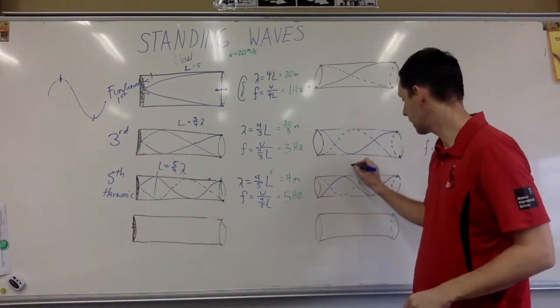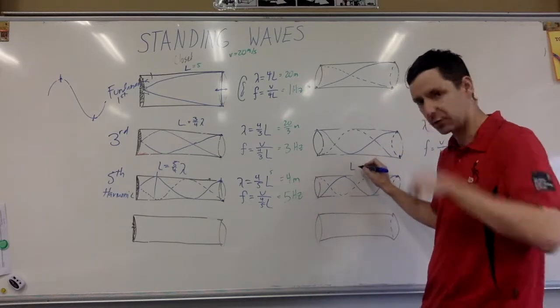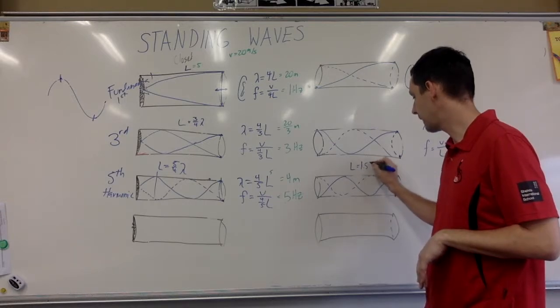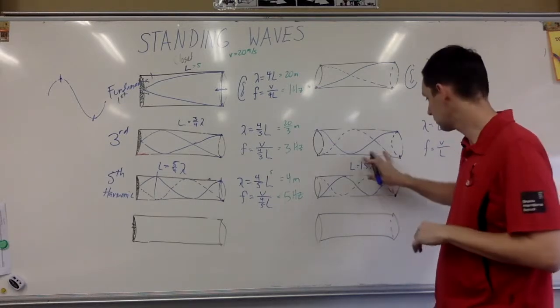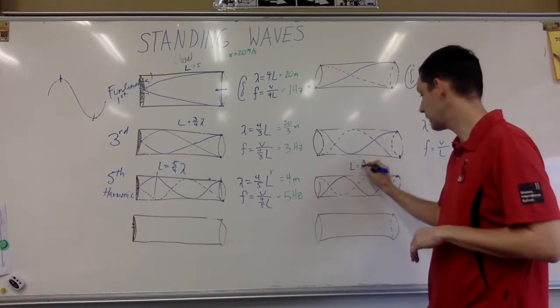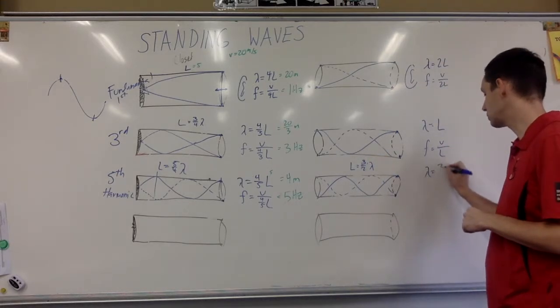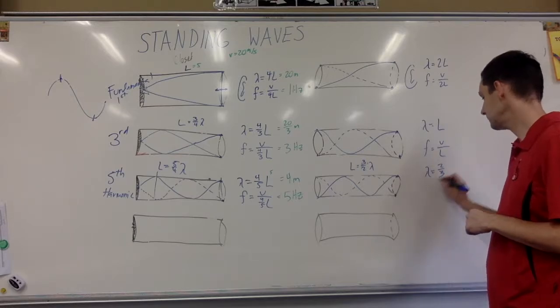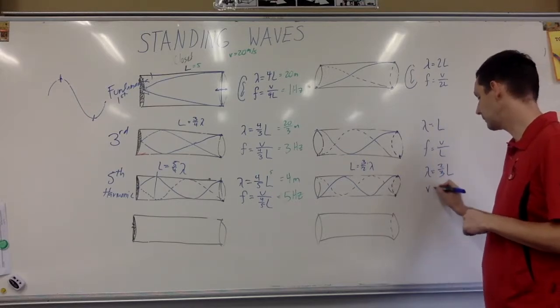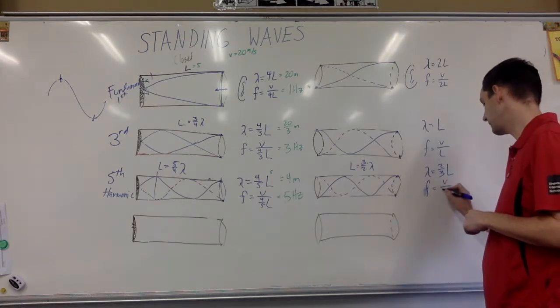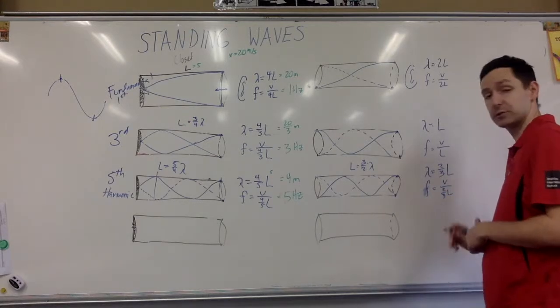So it will be easier for a lot of you to think of it by saying the length equals 1.5 waves, or better yet, 3/2. And if that's the case, then lambda equals 2/3 times the length, and the frequency, of course, is the speed divided by 2/3 of the length.